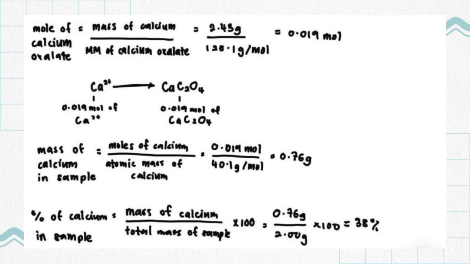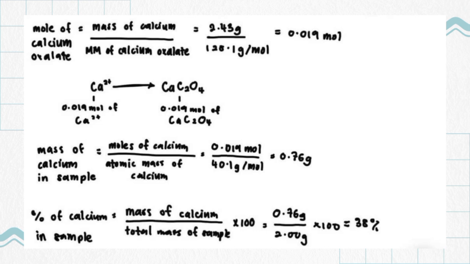So now we calculate the moles of calcium oxalate in the sample. It equals the mass of the precipitate divided by the molar mass of the calcium oxalate. So the moles of calcium oxalate is 0.019 moles.